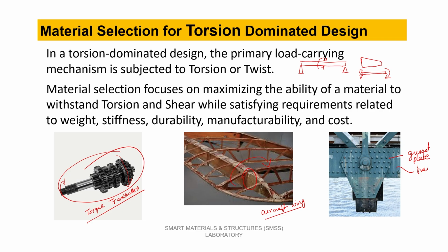So, this is a frame, and the connection is happening because of these kinds of rivets, bolts, etc. In both these cases, this system is going to get again a sort of twist for tightening the system. So, in all these cases we have to see how we can figure out what will be the suitable material property index that comes into the picture. Let us look into it one by one.